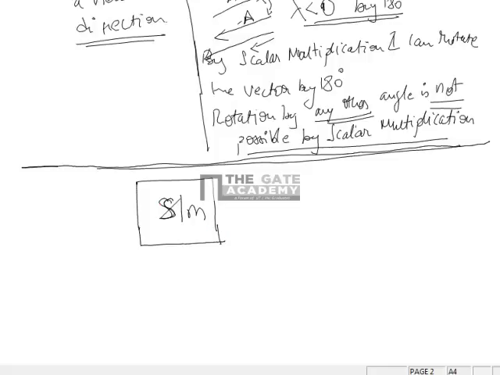I have an input and an output. This input is a vector, and the output is also a vector. The system is modeled as a matrix.